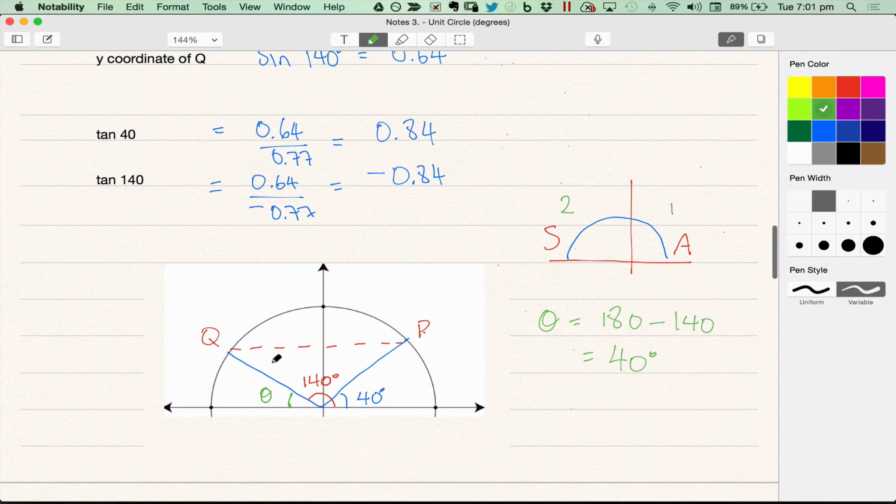What we find is all the angles in quadrant 2, this is 2, this is 1, all these angles in quadrant 2, you can find a reference angle, it's called. So this 140 degrees, find the reference angle, which is this little bit here, and then work it out in quadrant 1. So everything refers back to something in quadrant 1. Let's try an example of using that.